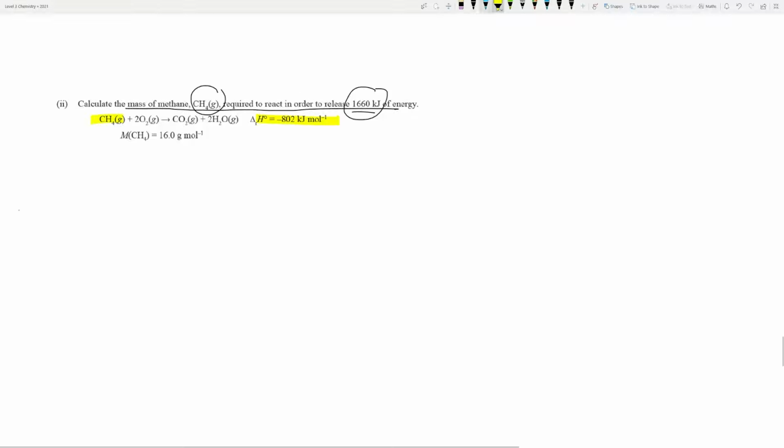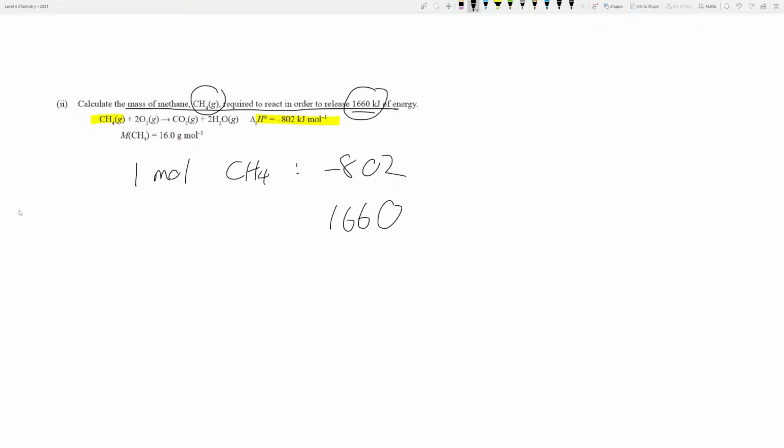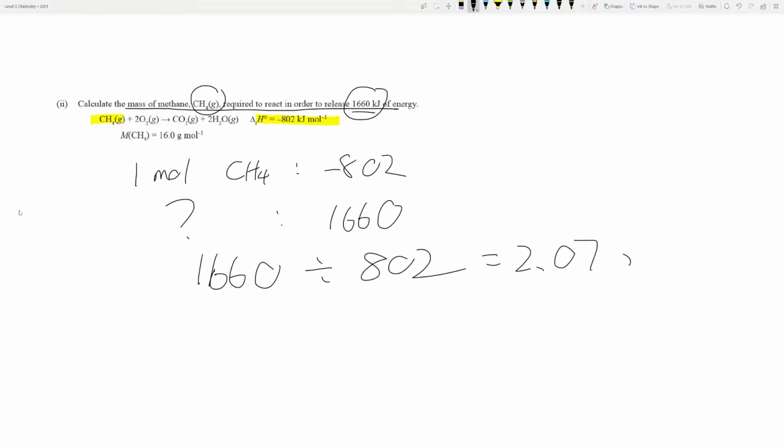Let's write this down first. We know 1 mole of CH4 releases 802. I want to know how many moles release 1660 kilojoules. So you need to use 1660 divided by 802, which gives you 2.07 moles of CH4.